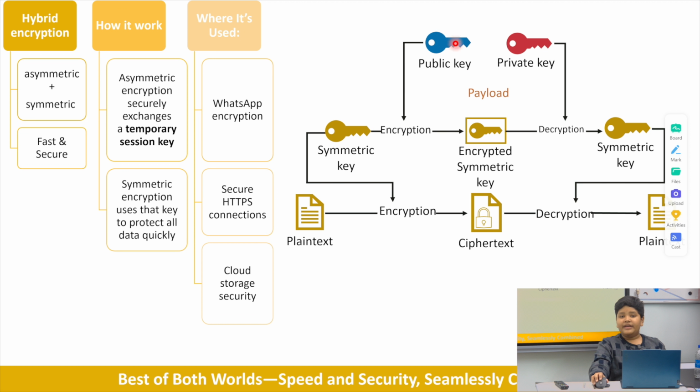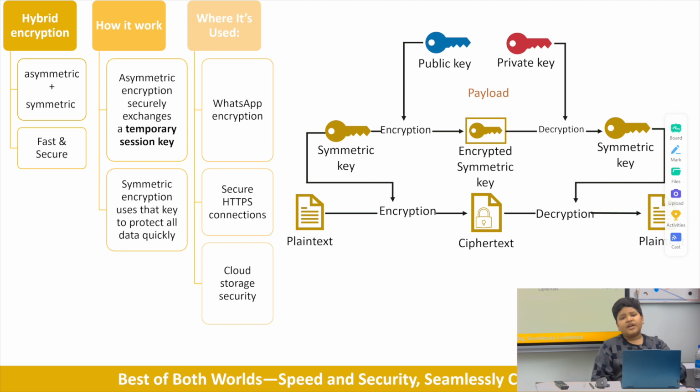So you can see we encrypt the symmetric key using asymmetric encryption. Now that we have encrypted the symmetric key, we send it over. Then the data itself will be handled by symmetric encryption. This is very suitable, so it's used everywhere: WhatsApp, HTTPS, cloud security, everywhere.